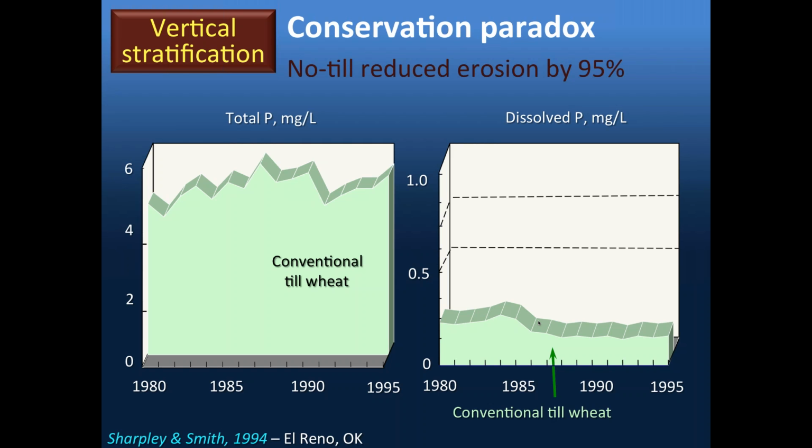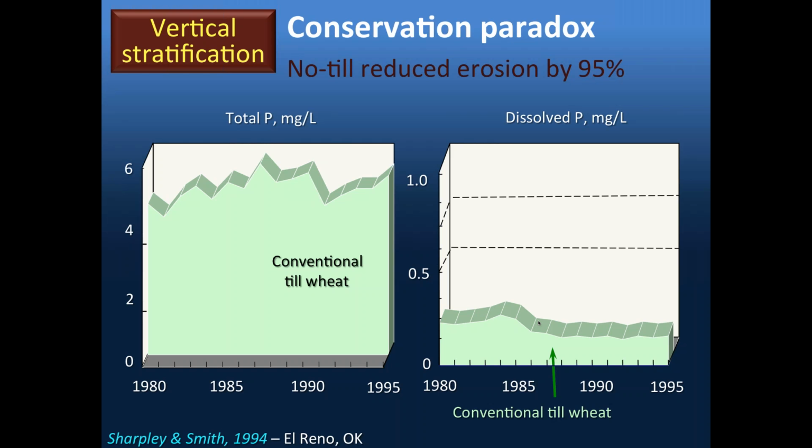And the two graphics that you see in front of you are the total amount of phosphorus that came out, the concentrations that came out in surface runoff, and then the dissolved phosphorus that came out. So dissolved phosphorus is just a fraction of total phosphorus. The difference basically is particulate phosphorus or sediment phosphorus.